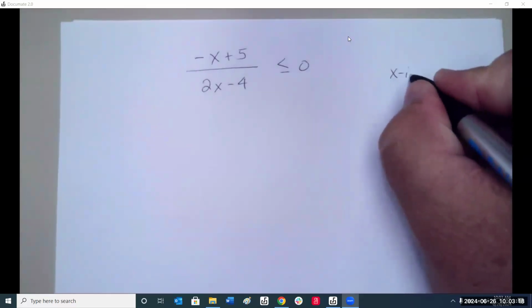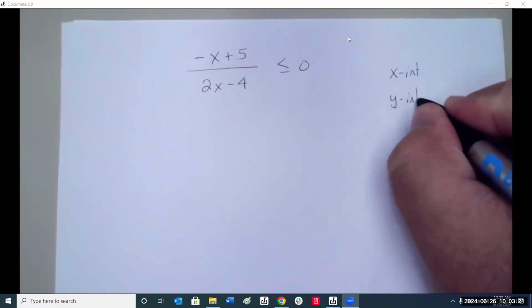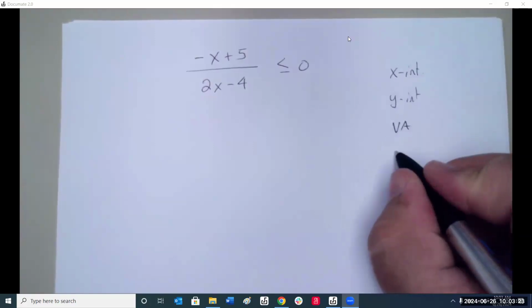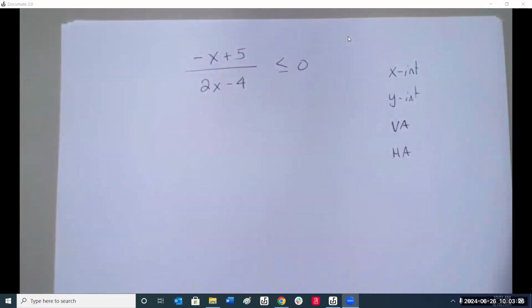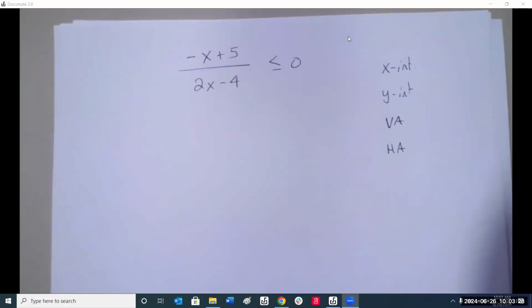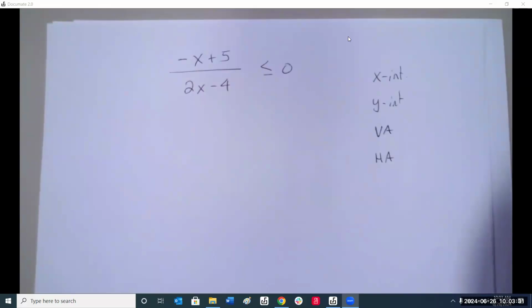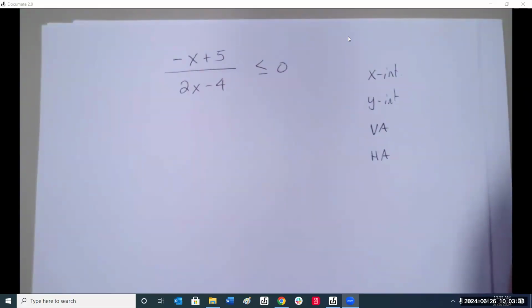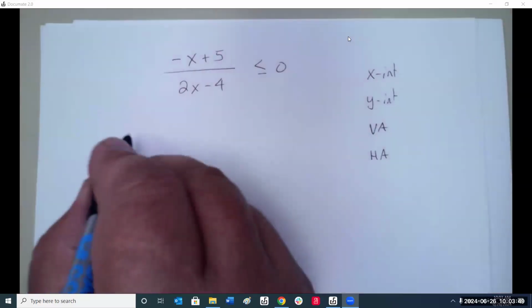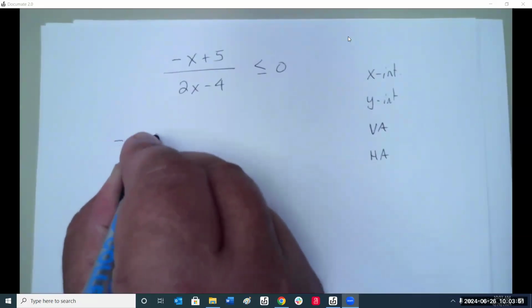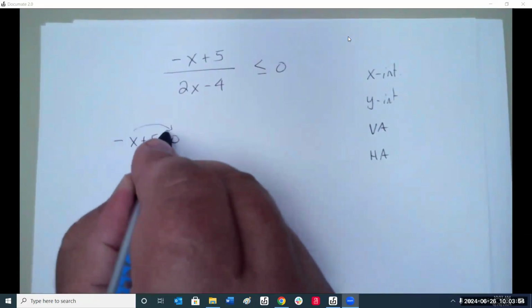So what's my x-intercept? What's my y-intercept? My vertical asymptote, horizontal asymptote. So what's my x-intercept? How'd you get that? Yeah, because we take the top number, set it equal to 0. So move the x over.